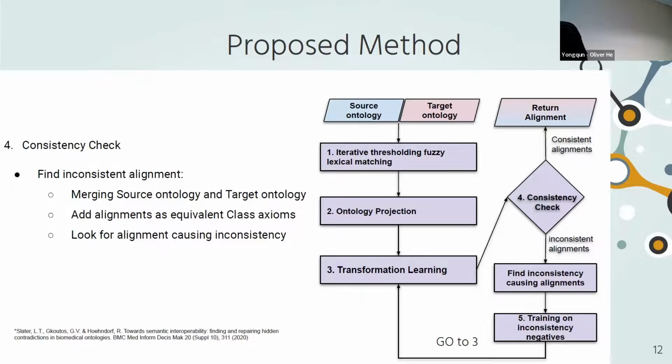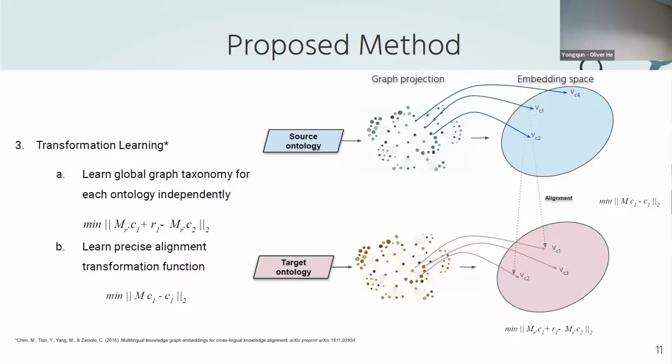So yes, basically, first I start by merging the ontologies, and then I add the equivalent class axioms for those predicted based on our transformation function. So I use this function that I have optimized to learn whether I find a class that I multiply by this matrix that I have learned from the first ontology minus the other class, and I'm looking for the minimum distance.